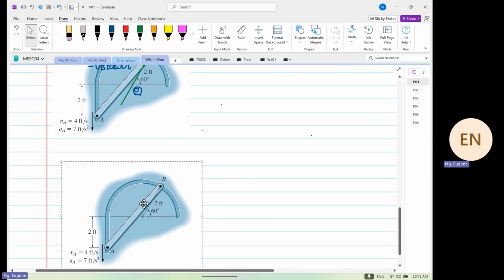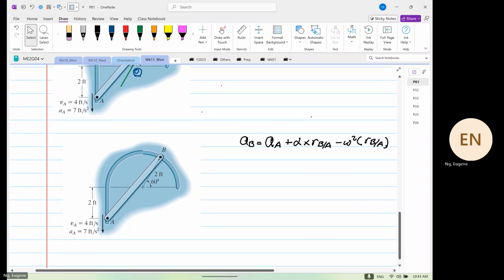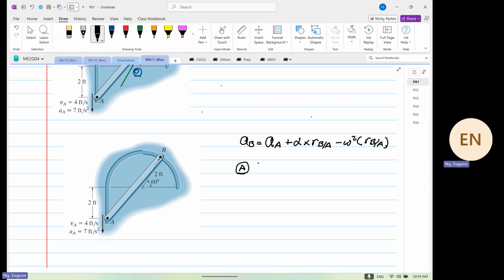So acceleration at point B is equal to acceleration at point A plus alpha cross R B from A minus omega squared R B from A. We know that point A is under what? Okay, so i.e. our AA is equal to 0.